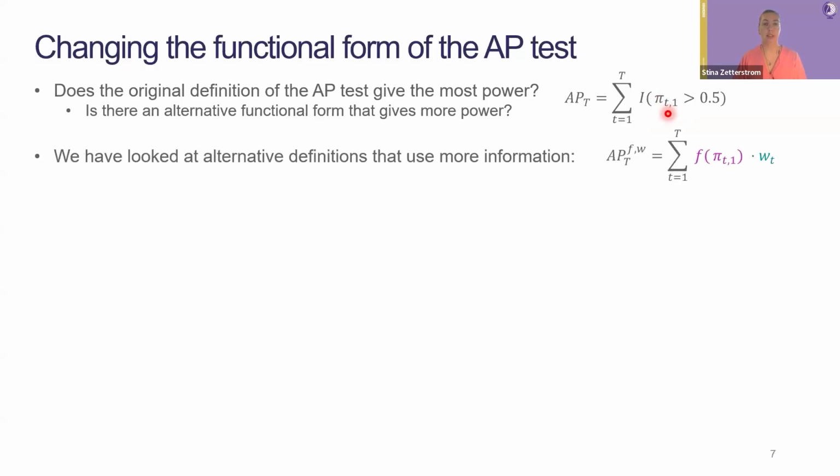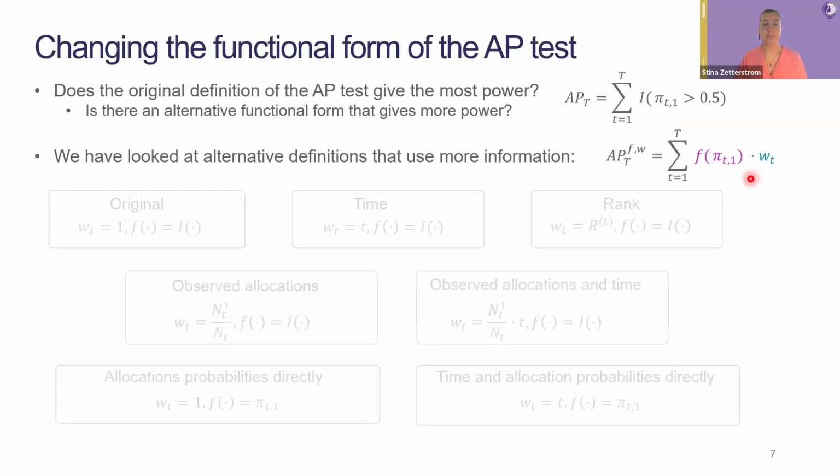And we have looked at several alternative definitions that use more information. So I considered settings where we move away from the indicator function and the dichotomization of the allocation probabilities. And I also considered weighting the allocation probabilities in different ways.